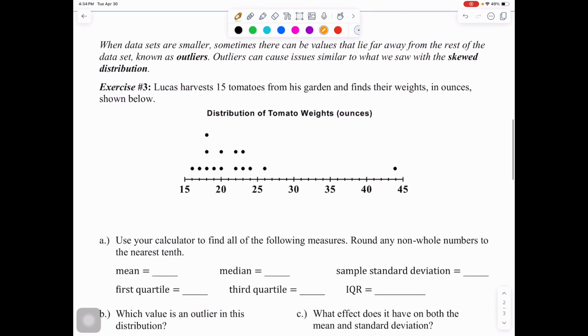So next, when data sets are smaller, sometimes there can be values that lie far away from the rest of the data, known as outliers. Outliers can cause issues similar to what we saw with the skewed distribution. So I referred to earlier that we have outliers. Outliers are numbers that are off the path with the rest. And there's actually a formula on your formula sheet that allows you to calculate the range in which something should be.